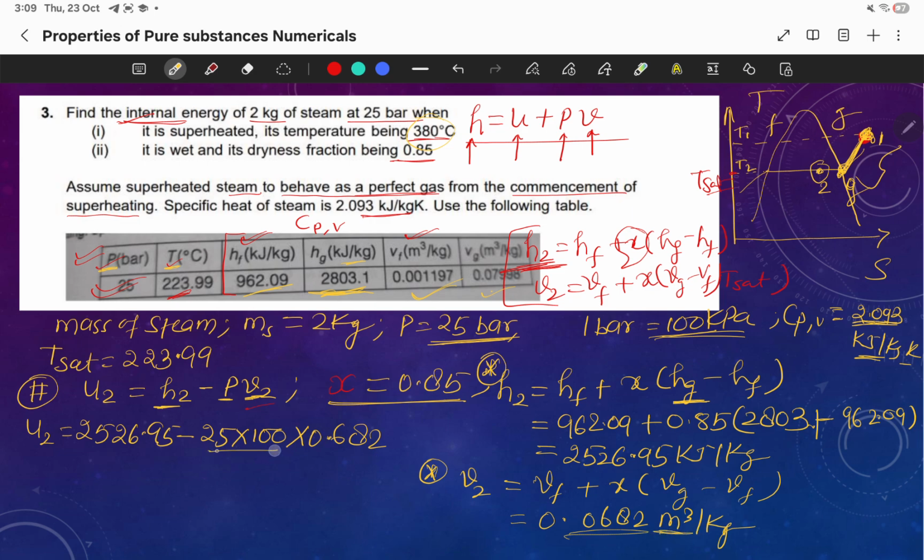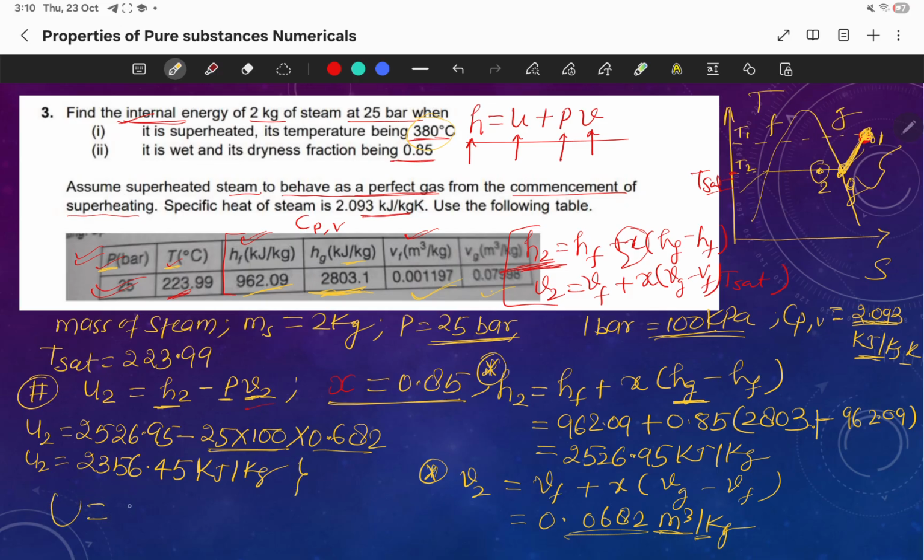So multiply kilopascal into meter cube, we will get what? Kilojoule per kg, right? So from here calculate the U2 value. We will get 2356.45 kilojoule per kg. Okay, and now this is the specific internal energy.